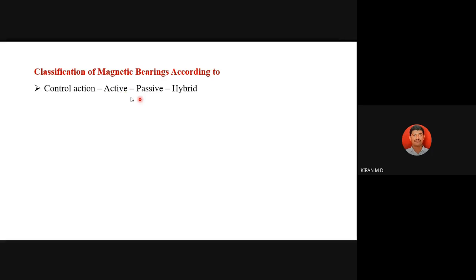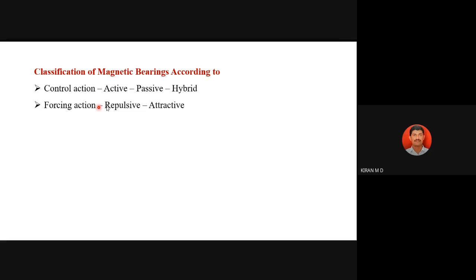In passive magnetic bearings, we don't have any control or feedback system. And hybrid is a combination of active and passive bearings. That is the hybrid magnetic bearing.